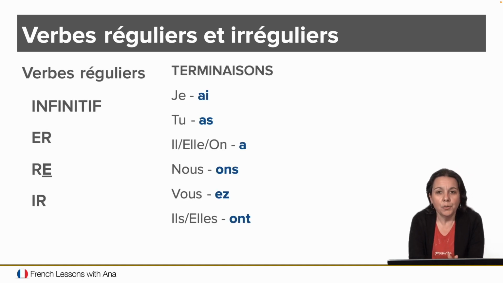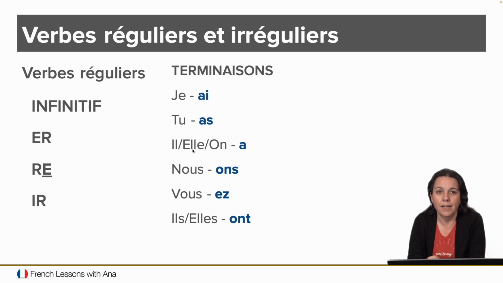So, for regular verbs, we look at the ending er, re, letting that E go for re, and ir. And then for je, we grab the endings from the verb avoir in the present tense. For je, we add ai. For tu, we add as, which is the a, we don't pronounce the s.